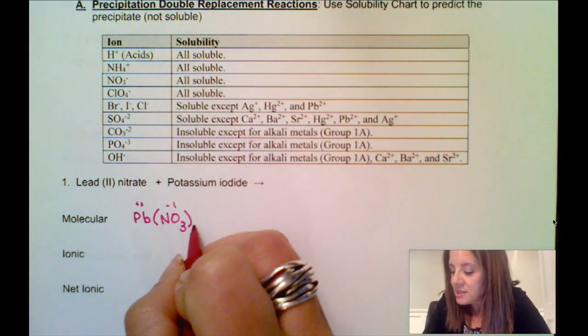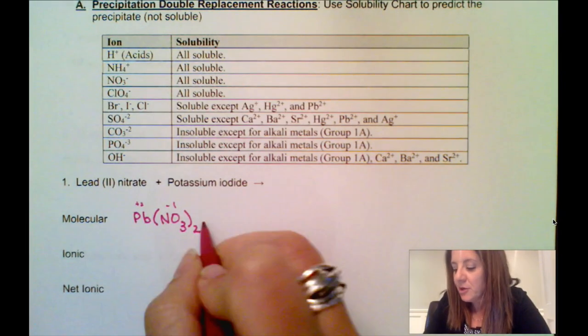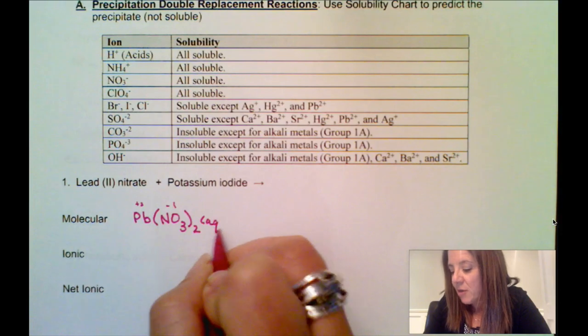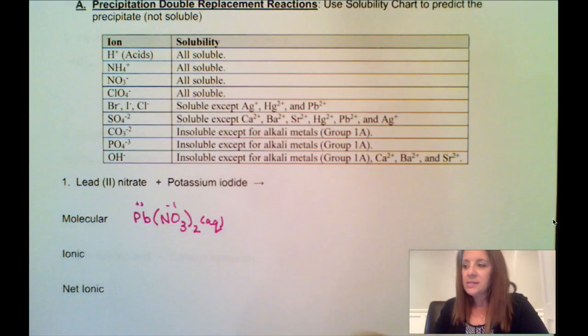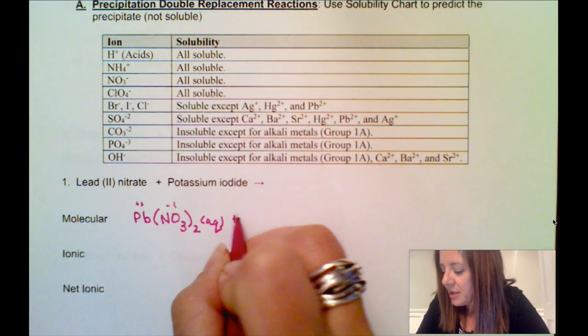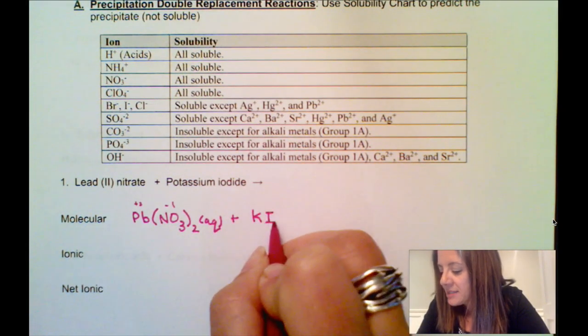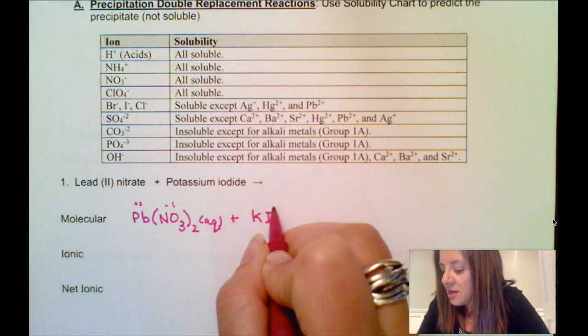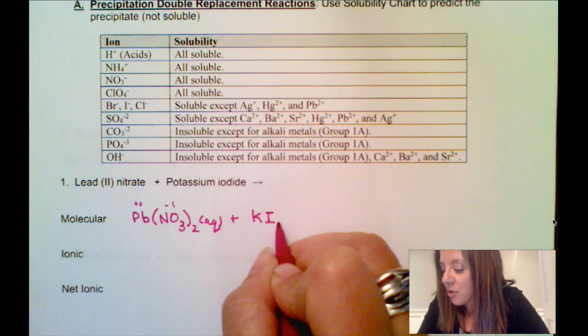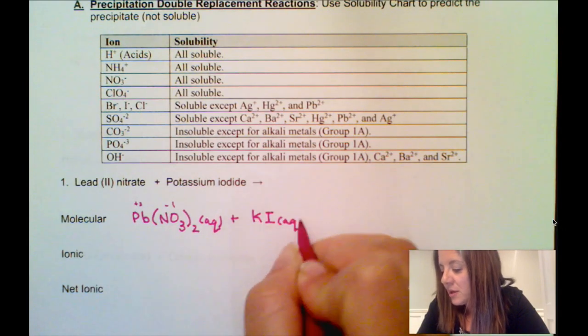We crisscross, and the 2 comes out here. I know that this compound has to be aqueous in order to cause a double displacement. I'm going to react it with potassium iodide. Now, potassium is a +1, iodide is a -1. We crisscross, and we just get KI. This is also aqueous.